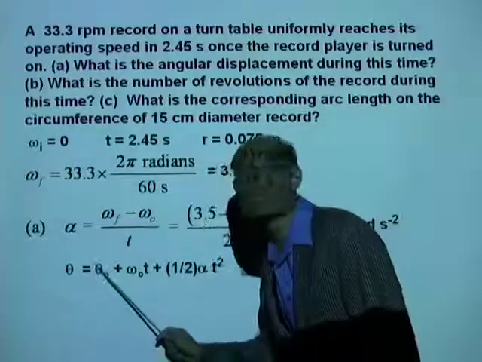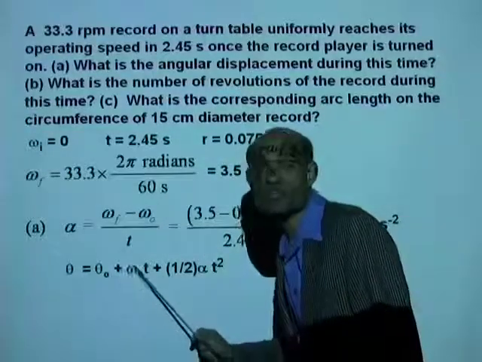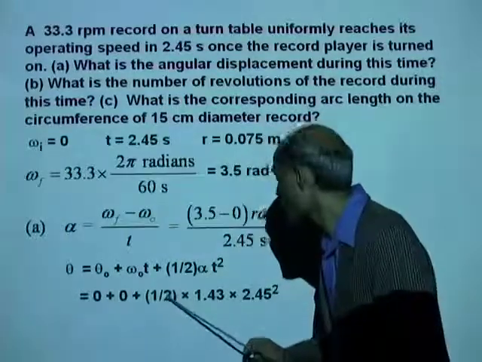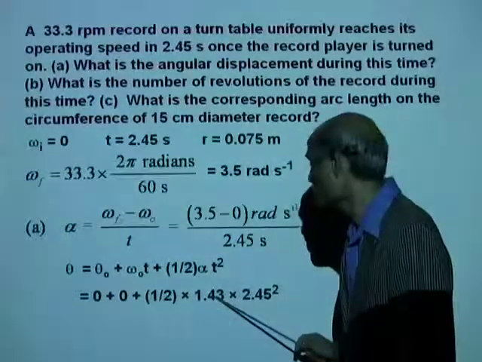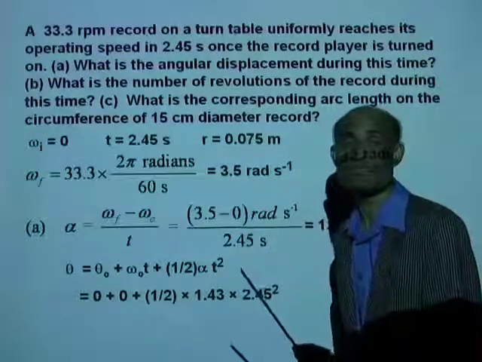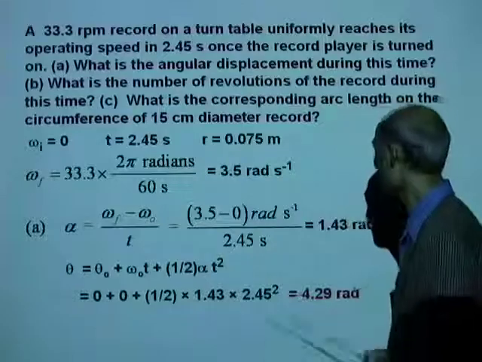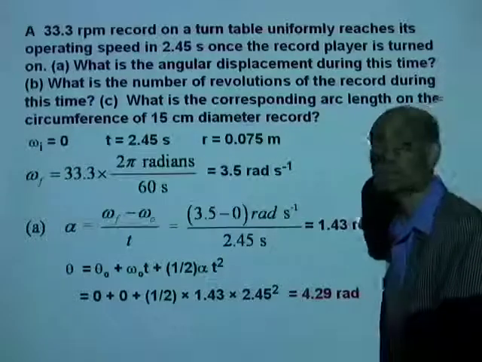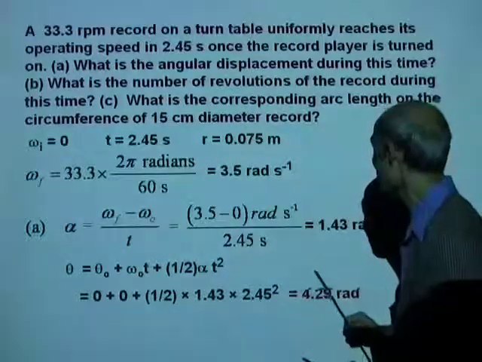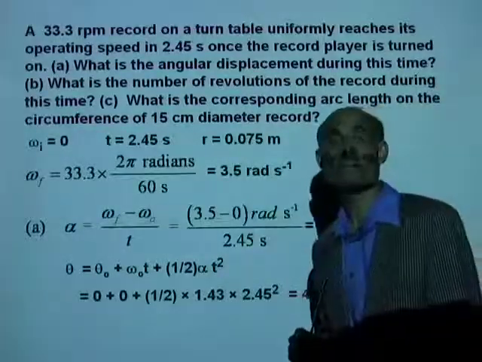Theta 0 is 0. Omega 0 is 0, therefore theta equal to 1/2, alpha is 1.43, t is 2.45 seconds. So that will be 4.29 radian. The angular displacement is 4.29 radian.